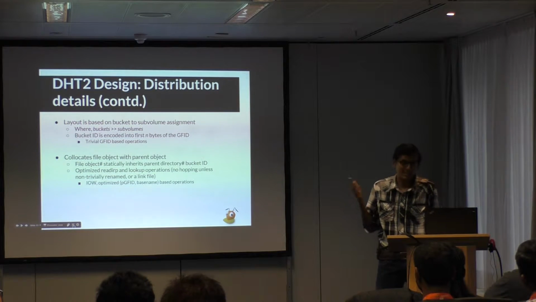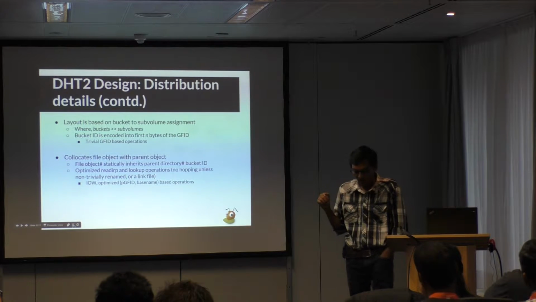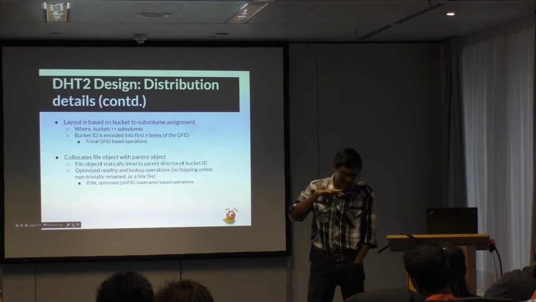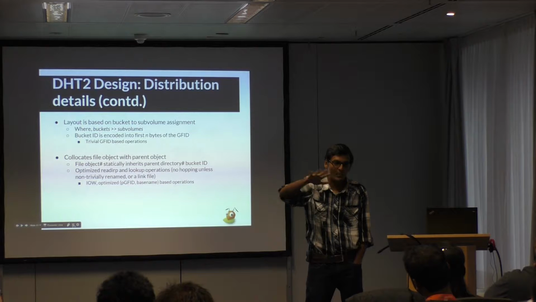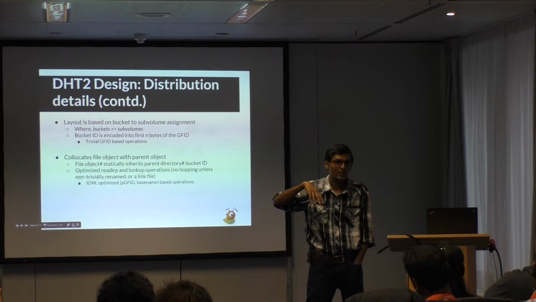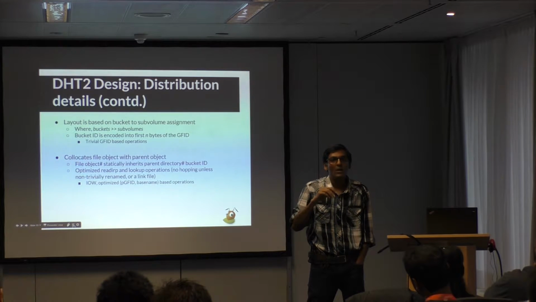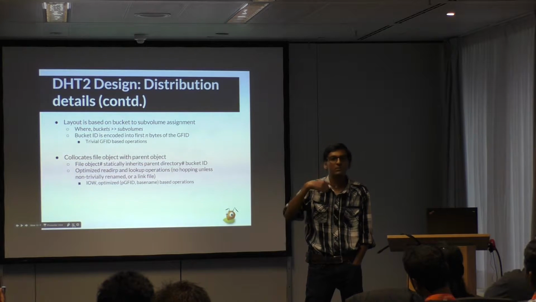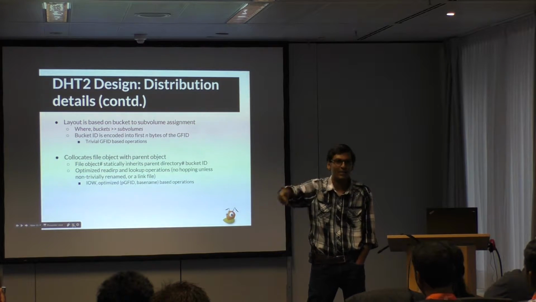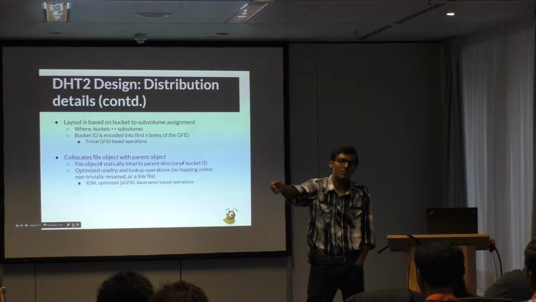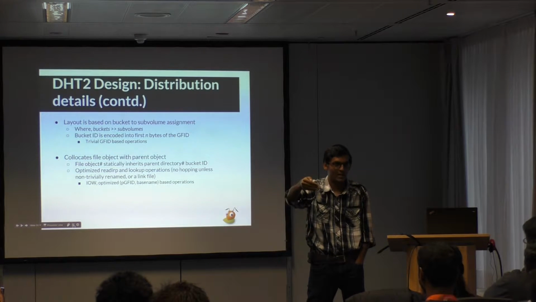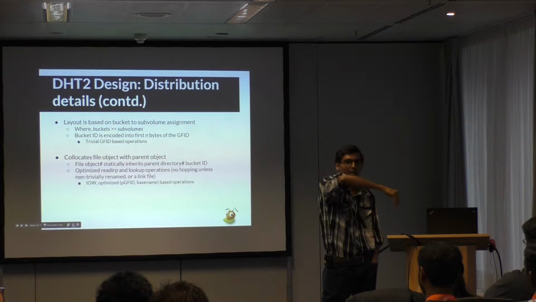So that's A. And the second thing we do is, if we just did the bucket ID and spread all inodes everywhere, we're going to have some trouble doing readdirs. We're going to have an accrued cost of lookups because we're going to have to do a 2-hop when we do a parent GFID base name based lookup, because we'll go to the parent GFID subvolume and then look for the name and its GFID and then hop to another bucket.